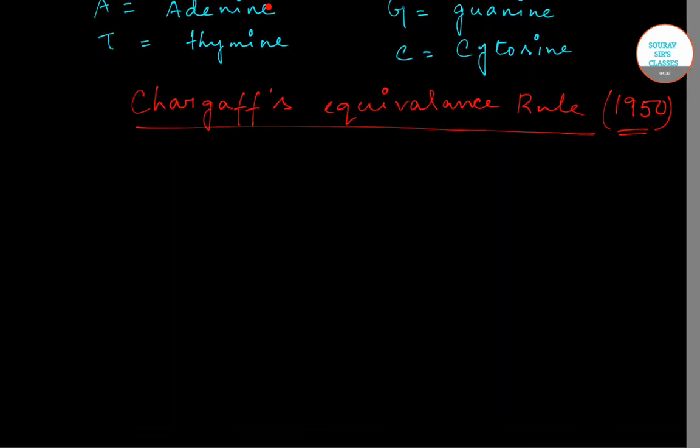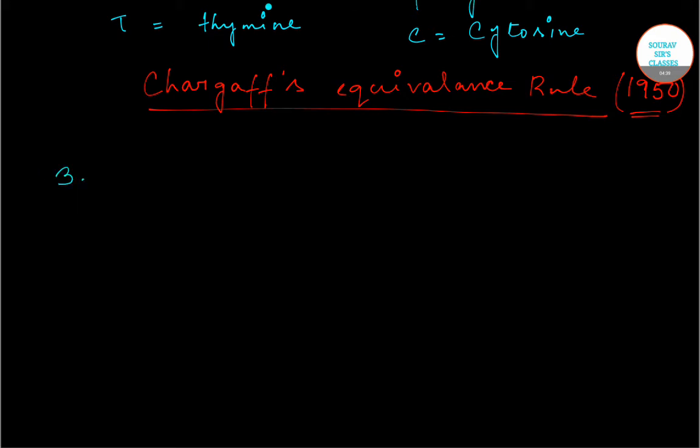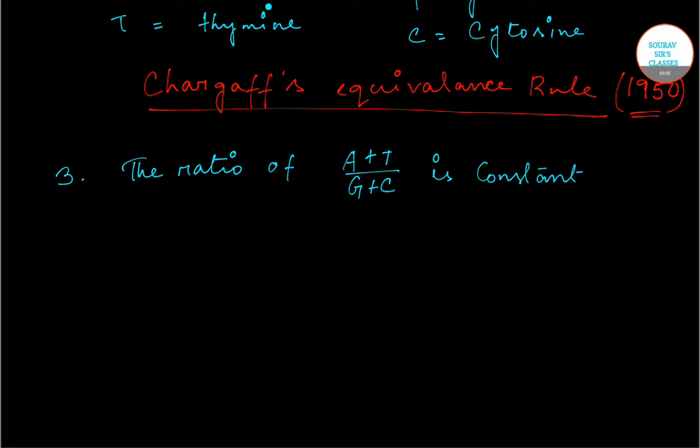Now the next point, the third one, is that the ratio of adenine plus thymine to guanine plus cytosine is constant in any species.